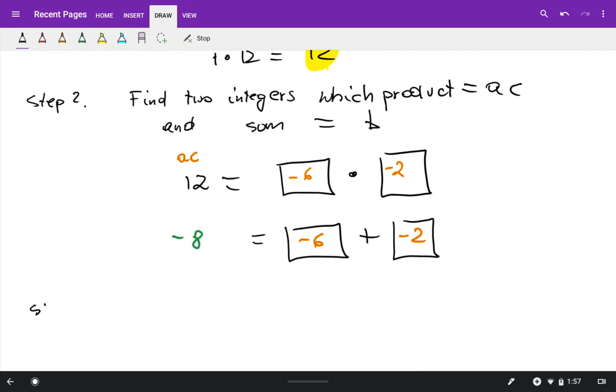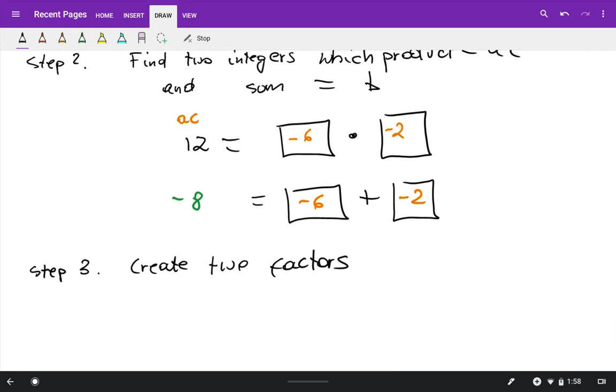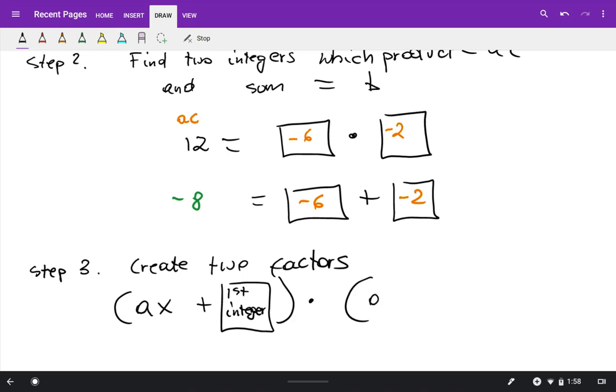Step 3. Create two factors that way: AX plus first integer times AX plus second integer.